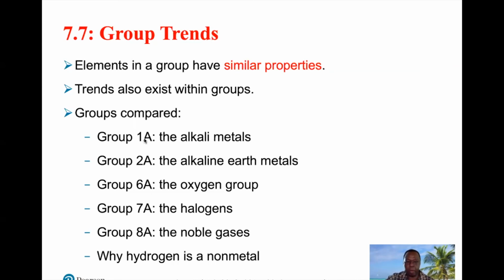Group 1A, column 1, alkali metals. Group 6, chalcogens. Group 7, halogens; halo comes from the word for salt-forming compounds. And the noble gases, they do not react. We will go through each one of them, and then we summarize chapter 7 and move to 8.